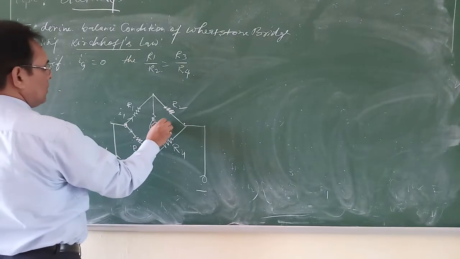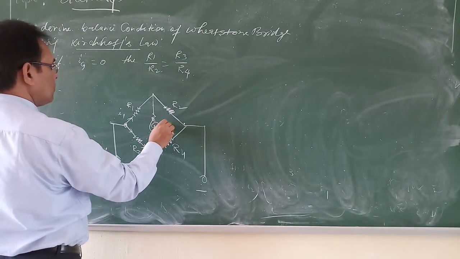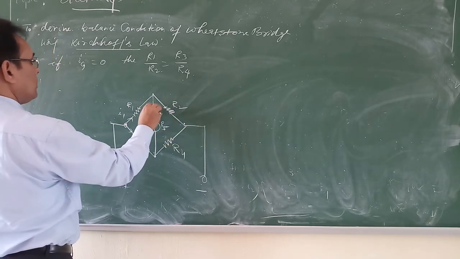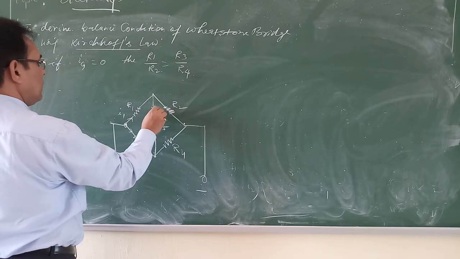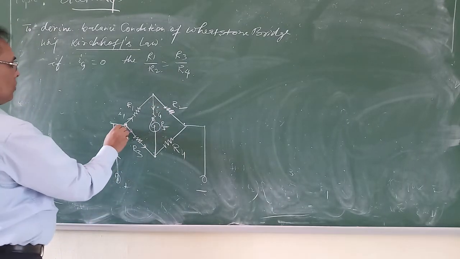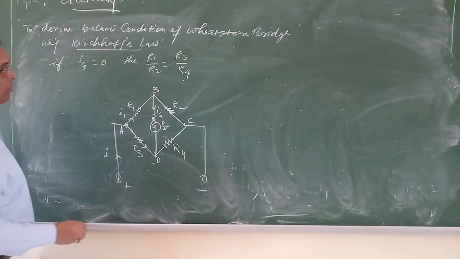The resistance of the galvanometer you can mark as R5, and this is current IG. So A, B, C, D.